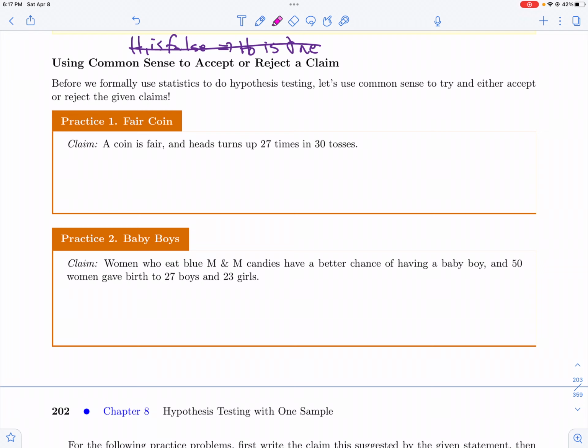Since flipping coins we know is about a 50-50 chance of flipping heads or flipping tails, it would seem pretty unlikely that you would flip a coin 30 times and get 27 heads in the process. So this would be a good one to reject the claim.